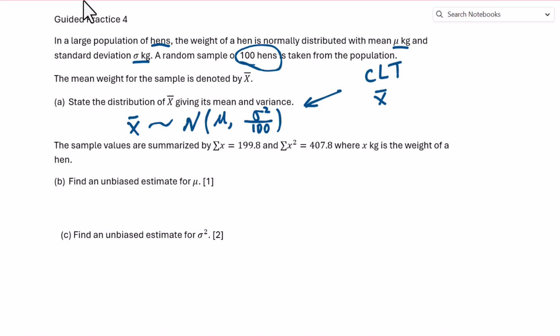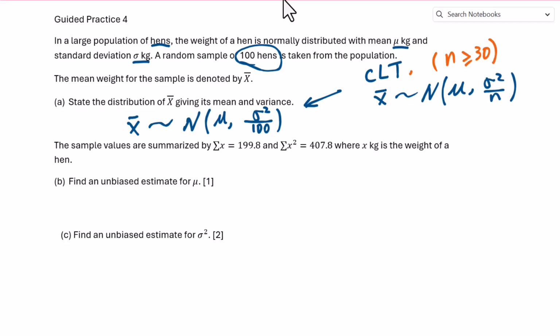x bar follows a normal distribution with mu and sigma squared over n. If the population is not normally distributed, make sure n is greater than or equal to 30.